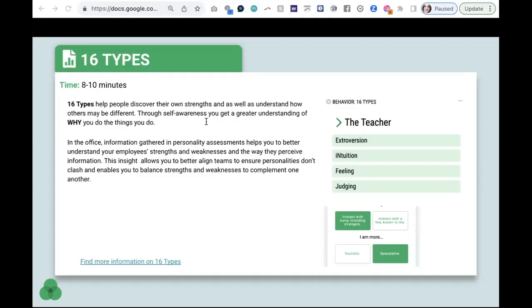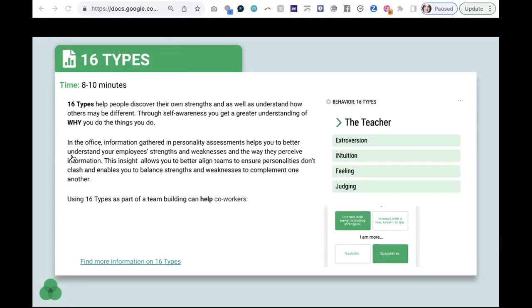This also allows you to better understand their work style, set expectations around it, and balance strengths and weaknesses on a team. So, for example, if you had a project that needed a lot of organization and attention to detail, you're probably not going to put a group of P's together to handle that, right? You might have some P's in that group, but you want some J's in there as well, to balance that out.